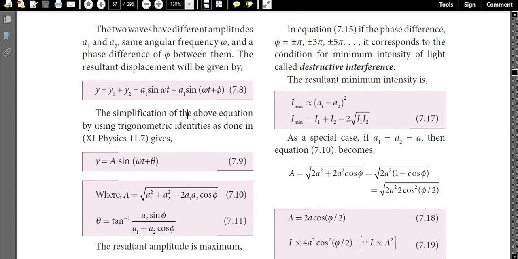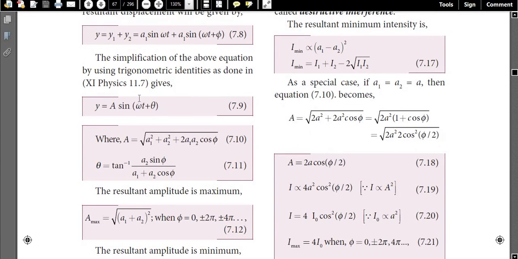The simplification of the above equation by using trigonometric identities is done as y is equal to A sin (omega t plus theta). So the general formula is y is equal to A sin (omega t plus theta), where A represents the total resultant amplitude.